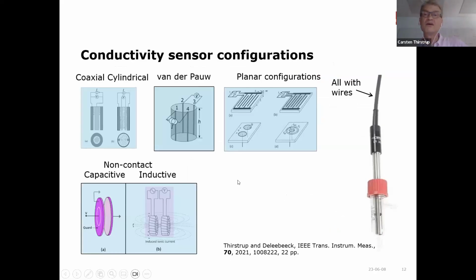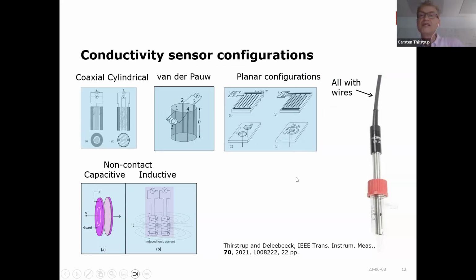There are a number of different designs for sensors which can be used to measure electrolytic conductivity. And for the commercial sensors, normally a coaxial cylindrical configuration is used, either with a 2-terminal or 4-terminal configuration.